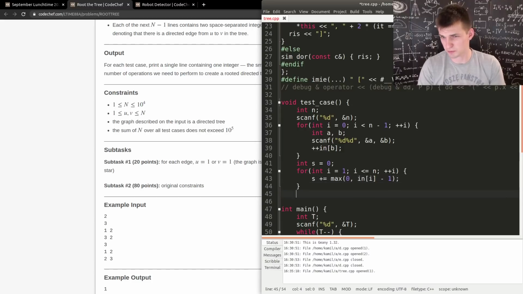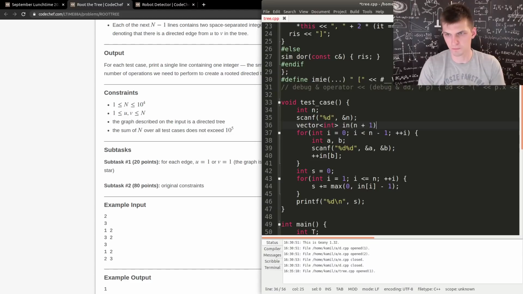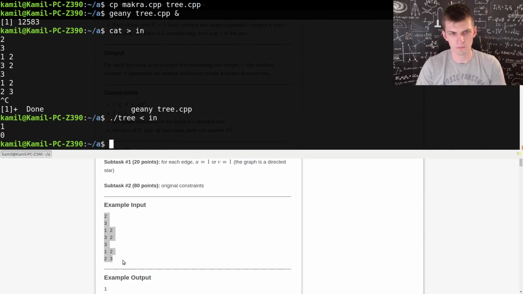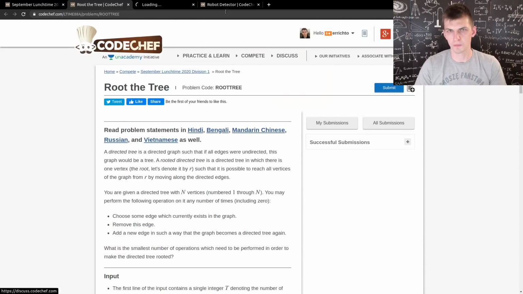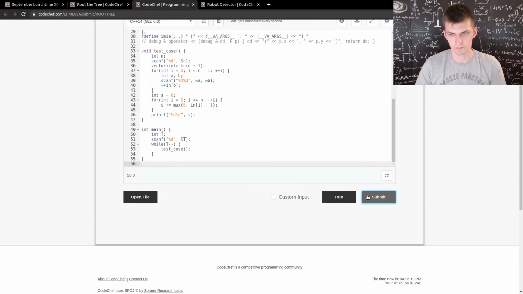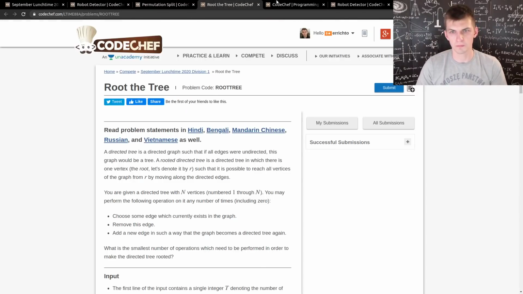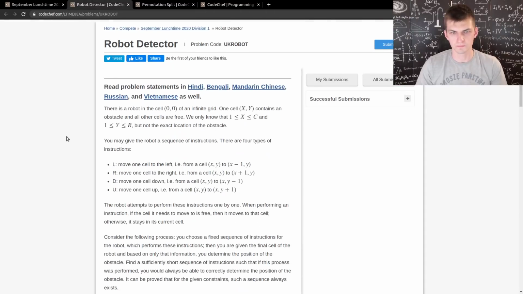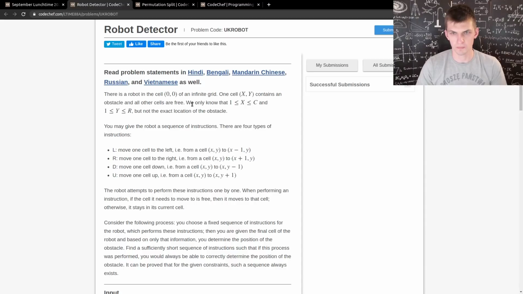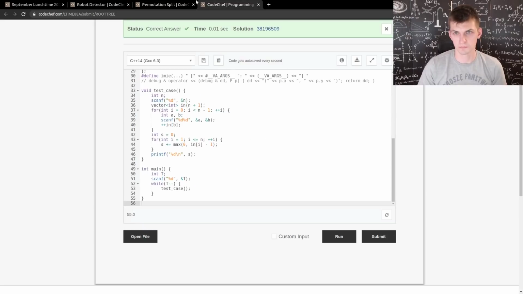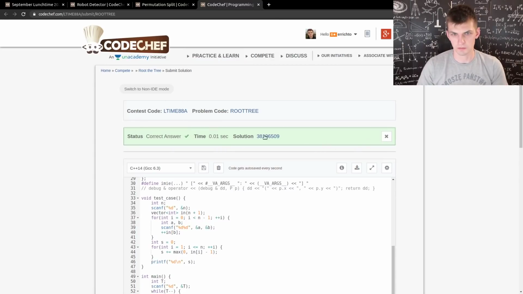Input degree of this vertex minus 1. Accepted, I think. Does that mean 100 points?